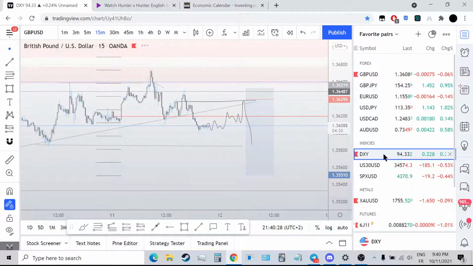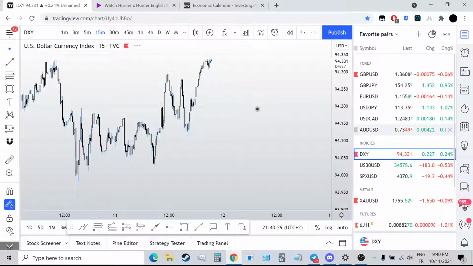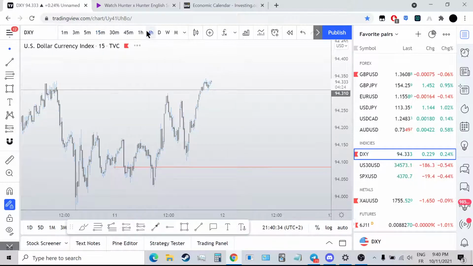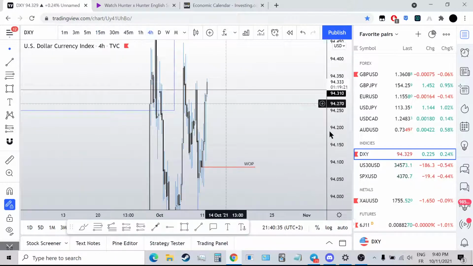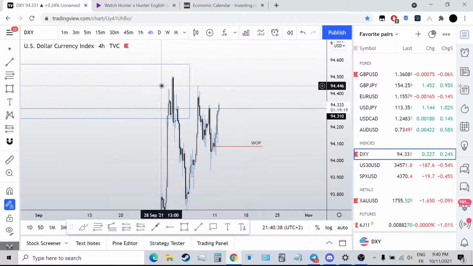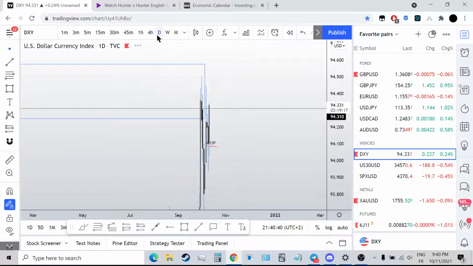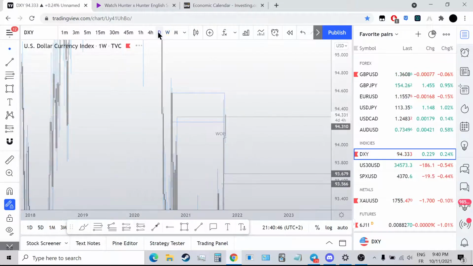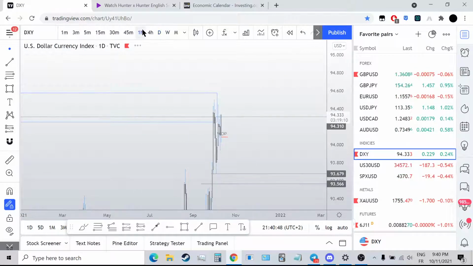I should have done DXY first. DXY is currently at a very high premium range. You can see our weekly open price was here, and it's coming back up inside of this higher time frame bearish order block, a higher time frame premium array. So we're currently reacting off of that.